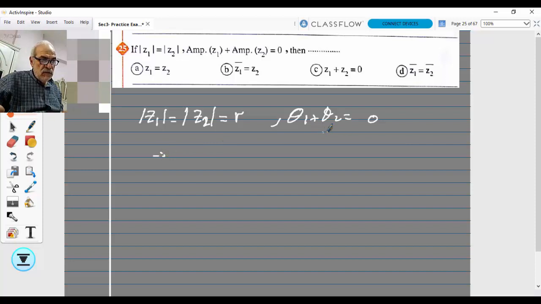When theta 1 plus theta 2 equals 0, it means theta 2 equals negative theta 1.